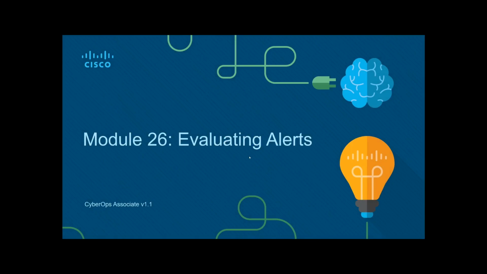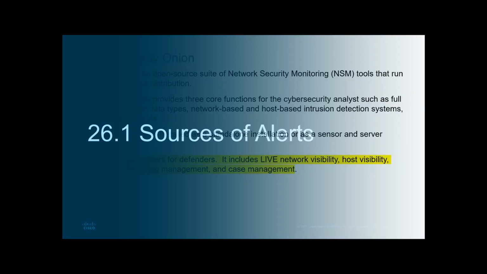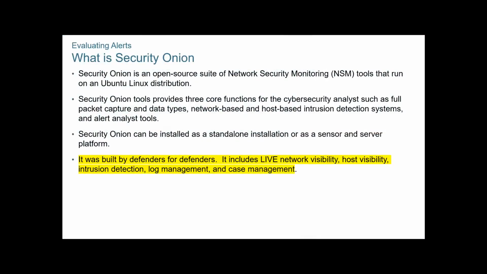So we're doing the last 3 chapters, talking about alerts. Some of this we've already talked about. So a lot of your labs that you'll be doing are going to be using Security Onion. In the very first lab that you all did when you installed VirtualBox, you also downloaded and installed Security Onion.